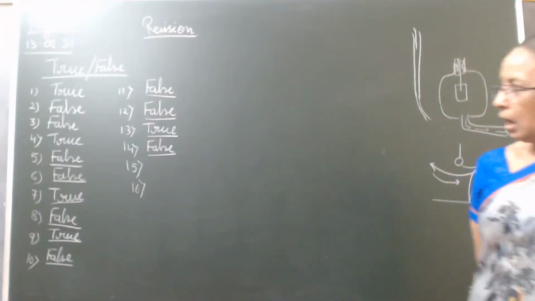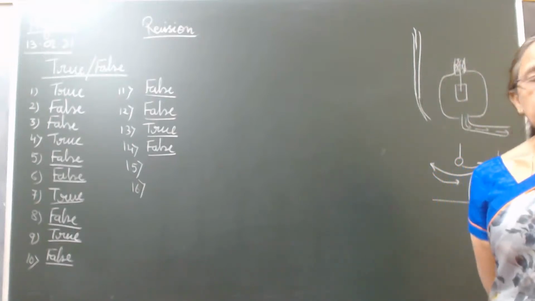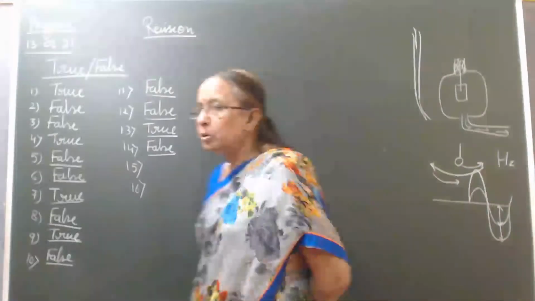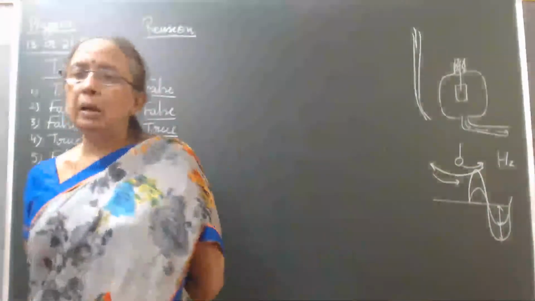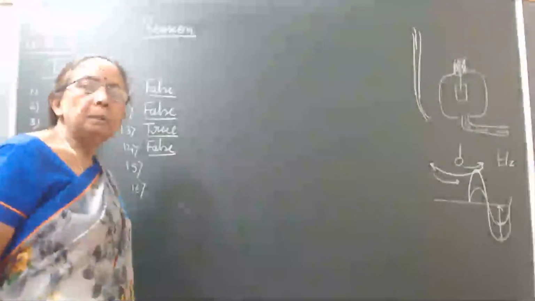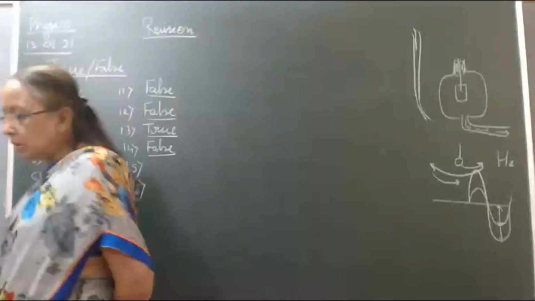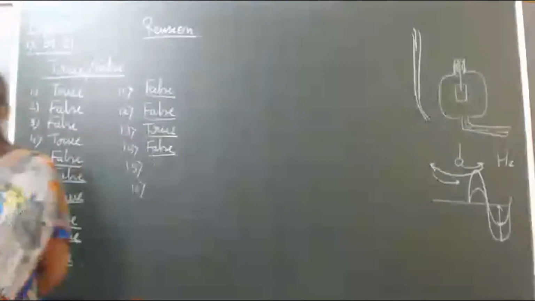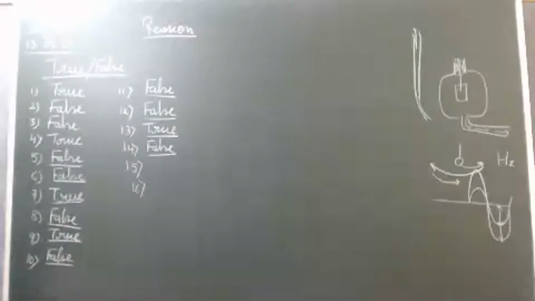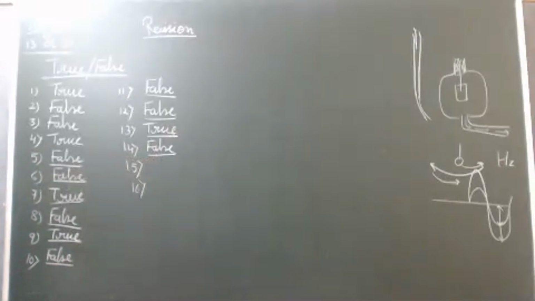The same question is repeating in the fill in the blanks. They ask which is the farthest planet. It is Neptune. Here they are asking Uranus is the farthest planet, so it is false. The answer is Neptune.